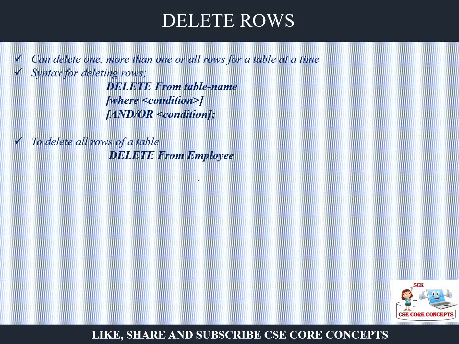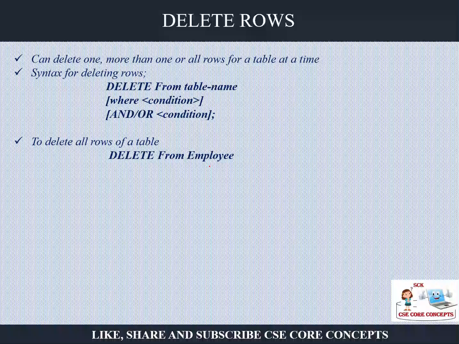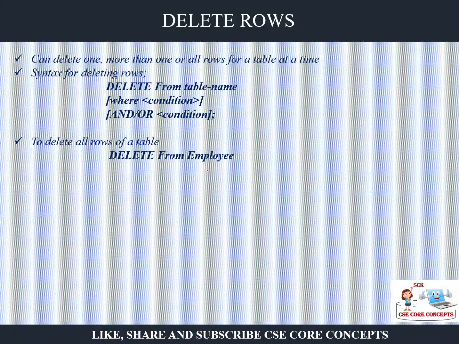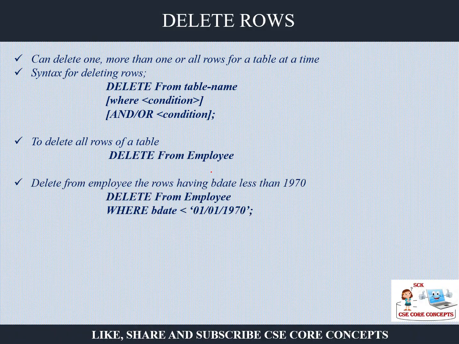If you want to delete all rows of the table, simply write delete from employee. So all rows will be deleted. But if you want to delete data which is before 1970, delete from employee where birth date is less than 1st January 1970.